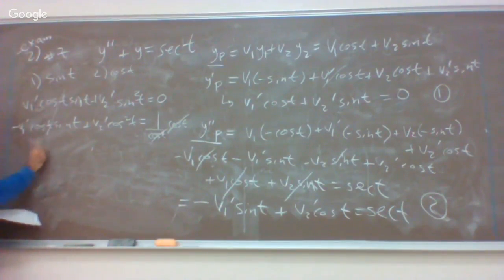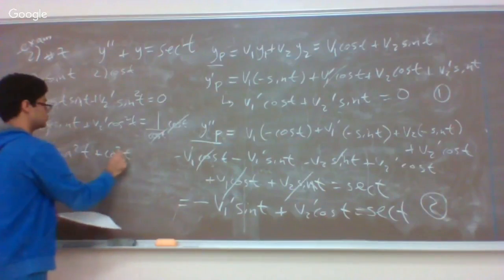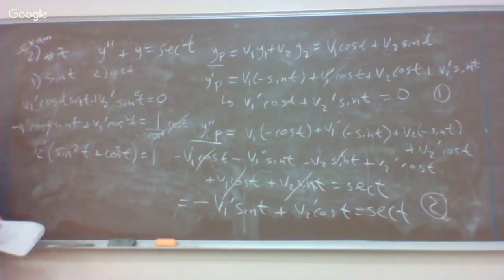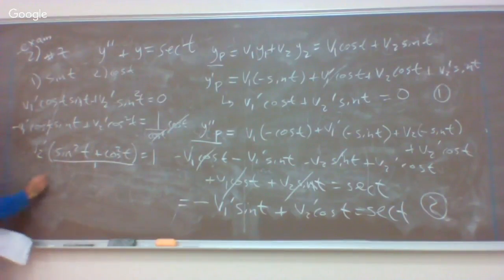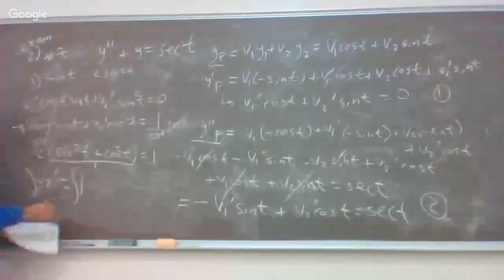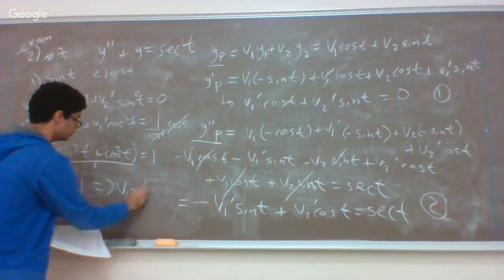I am left with v2 prime times sine squared t plus cosine squared t equal to 1. This is equal to 1, which you should know by now. So v2 prime is equal to 1. We take the integral of both sides so that I get v2 is equal to t.